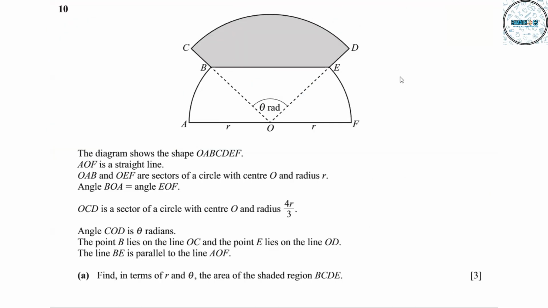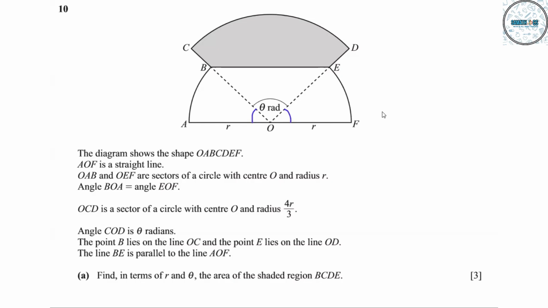Question number 10. The diagram shows the shape OABCDEF. AOF is a straight line. OAB and OEF are sectors of a circle with center O and radius r. Angle BOA and angle EOF are equal.